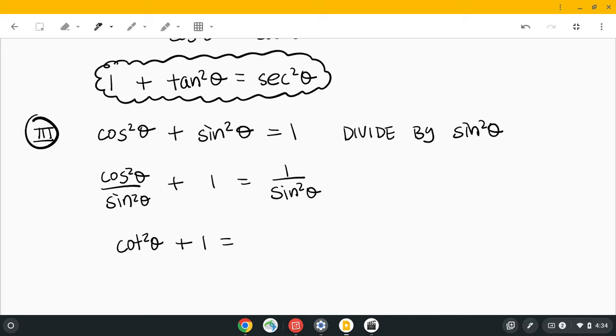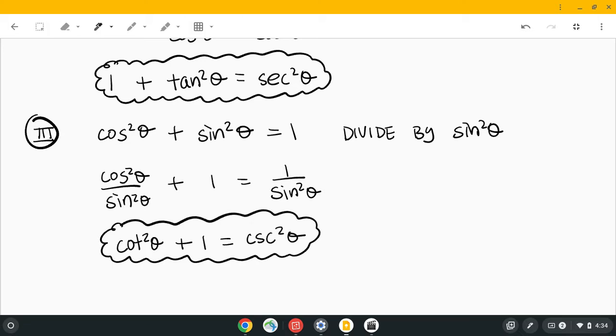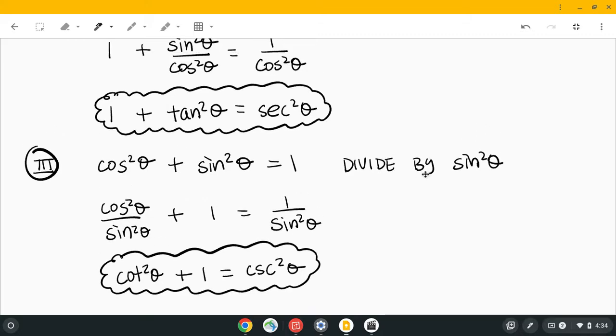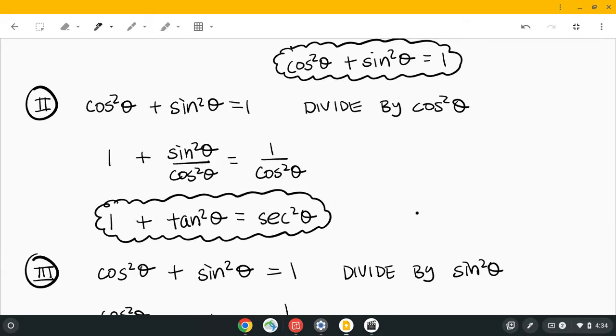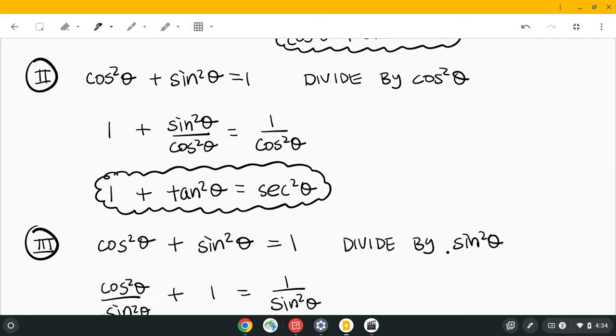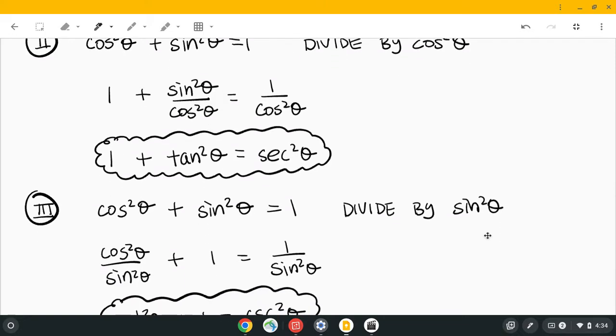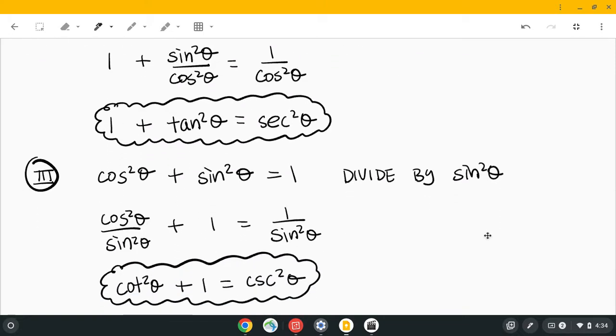And 1 over sine is the reciprocal, so we get cosecant. And there's your third identity. So we got the second one by dividing the first Pythagorean identity by cosine squared, and we get the third one by dividing it by sine squared. That's how we get them.